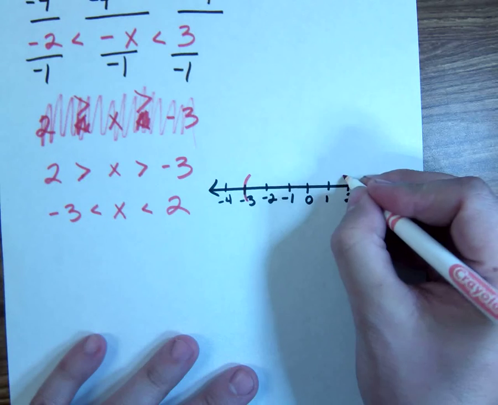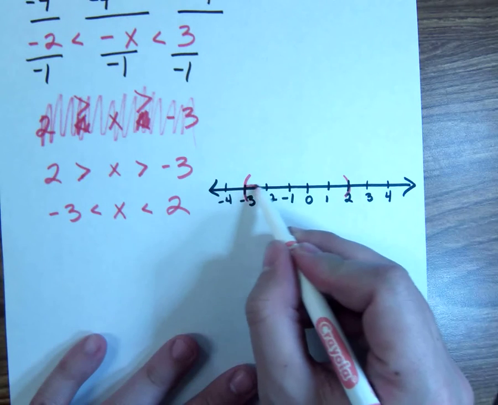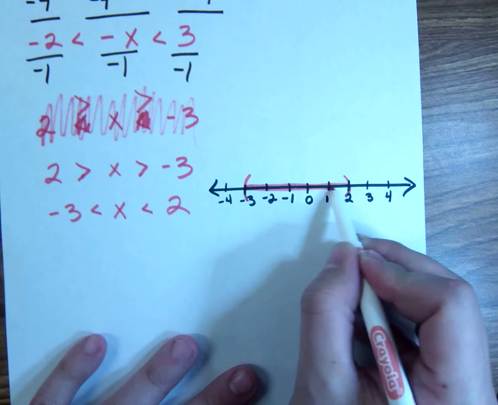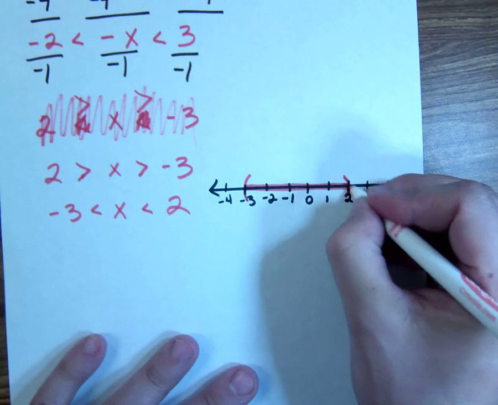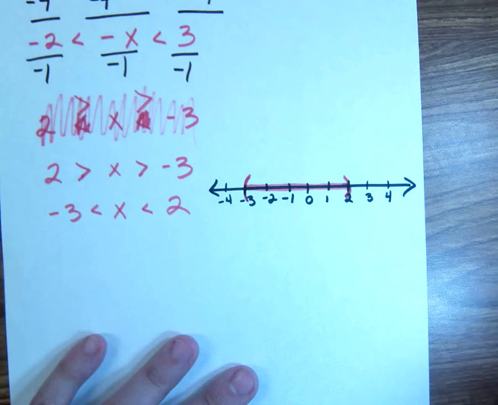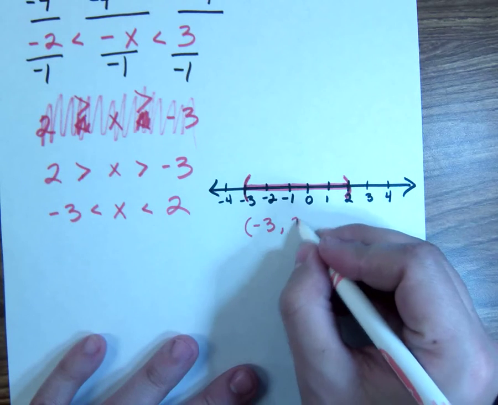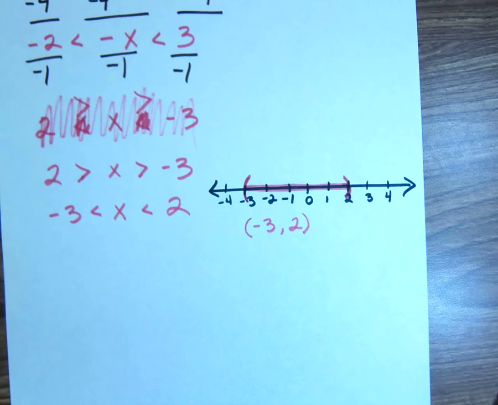I put a parenthesis on 2, and it's all the numbers in between -3 and 2. So in my interval notation, it looks like that. It's greater than -3 but less than 2. It's in between -3 and +2.